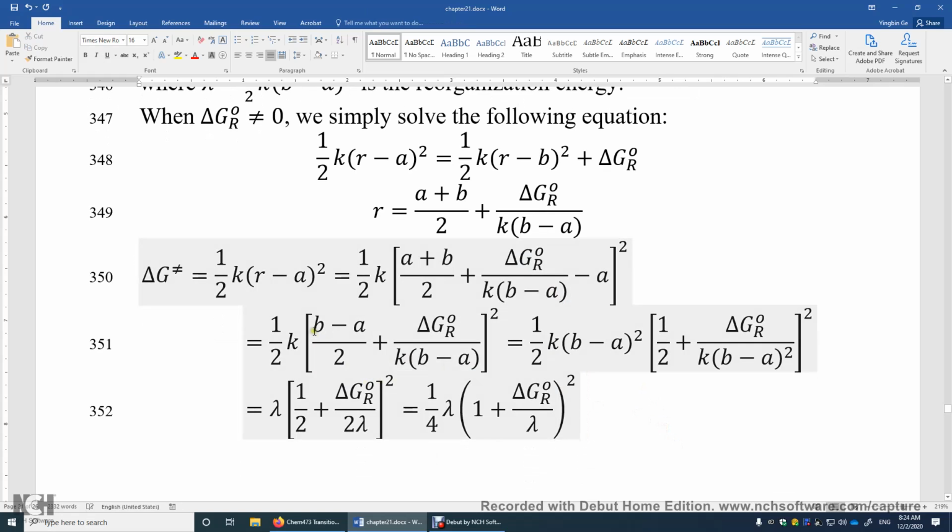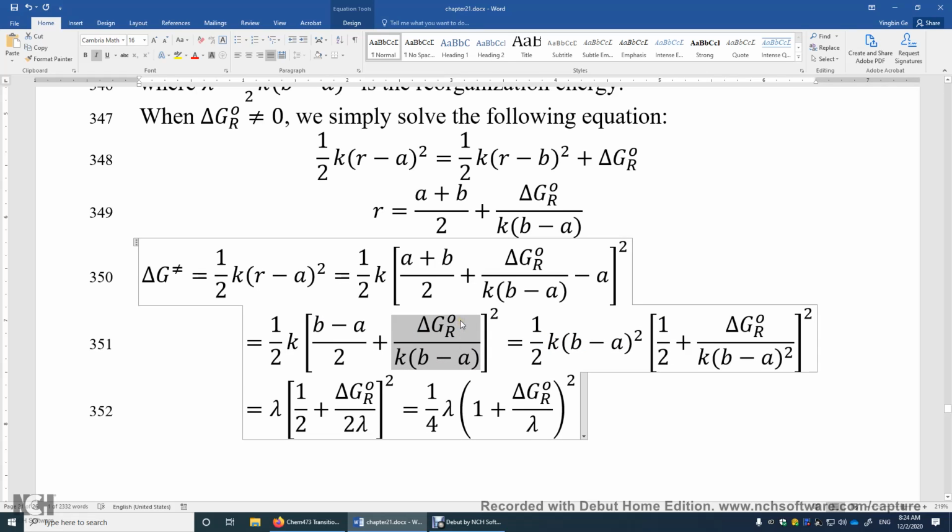And then I see this b minus a, and this is b minus a squared, so I'm going to take this b minus a squared out of this square bracket. So you have half k b minus a squared, and this becomes 1. In the second term, I do not have b minus a on top, so I need to create a b minus a on top, and then I have to square the bottom b minus a.